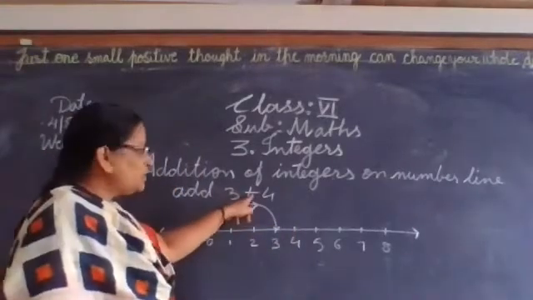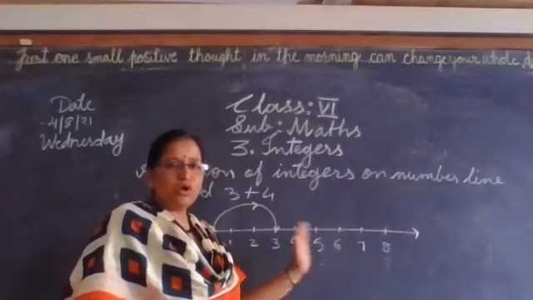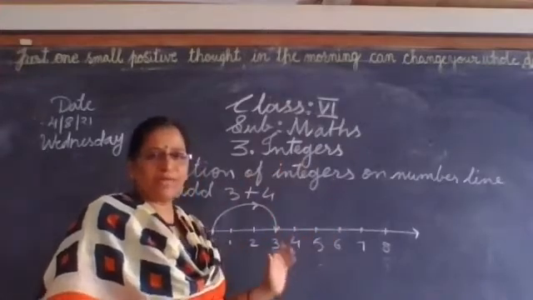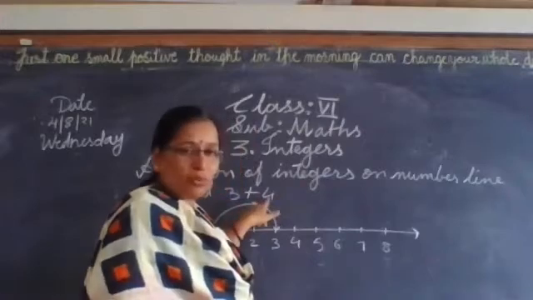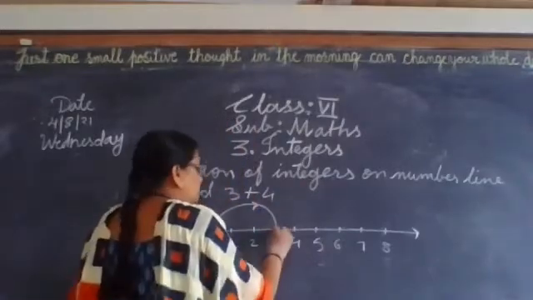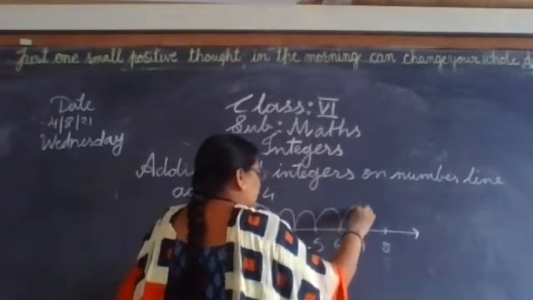Then you have to add 4. Means you have to jump 4 places from the 3 to the right side. Why right side? Because it is positive 4. So jump 1, 2, 3 and 4.